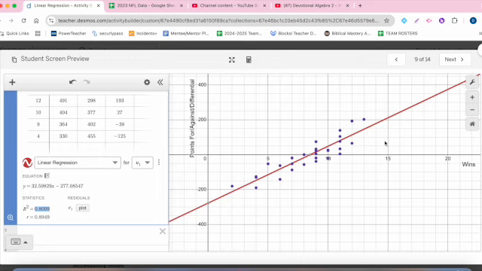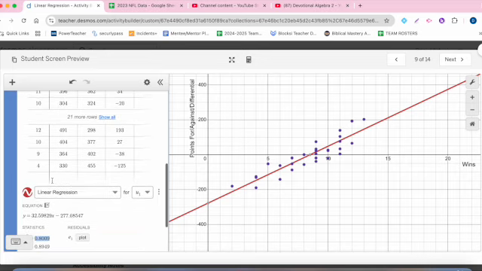Because if you think about it, if a team's got a really good offense, they might still not get a lot of wins if their defense is bad, right? So even though there's definitely a correlation between offense and wins, it's not as strong as it could be because it doesn't factor in the defense. Likewise, there's definitely a correlation between how strong your defense is and your wins.